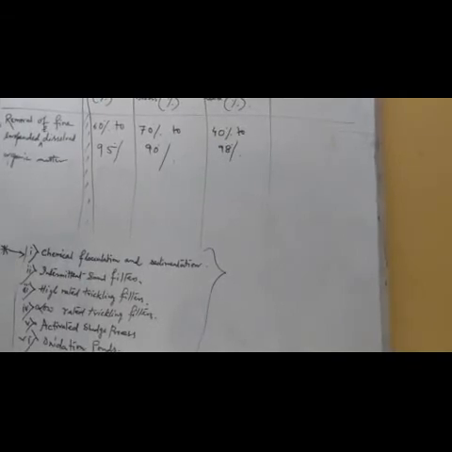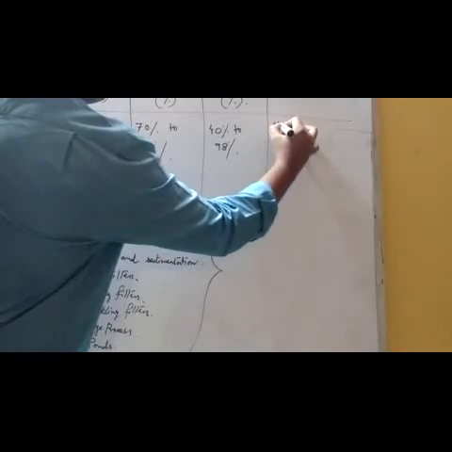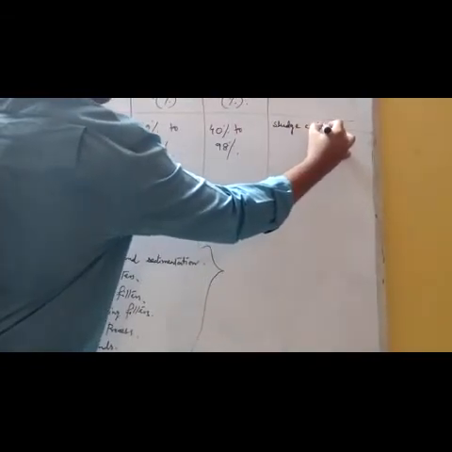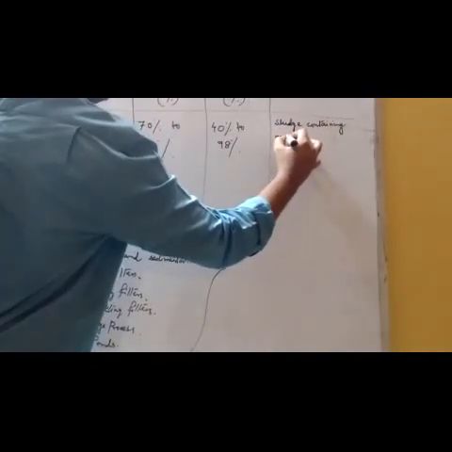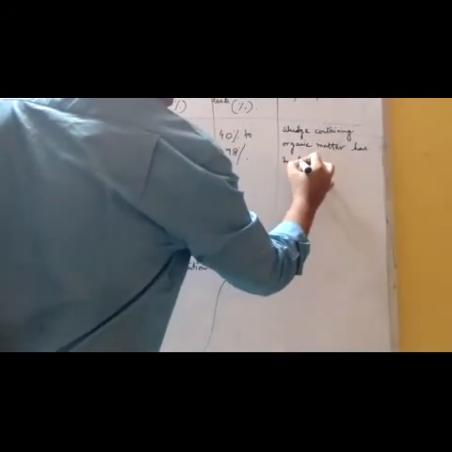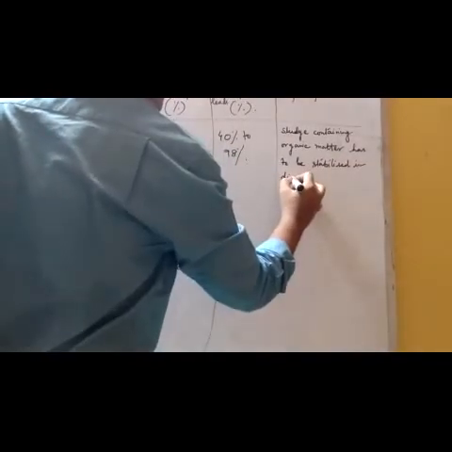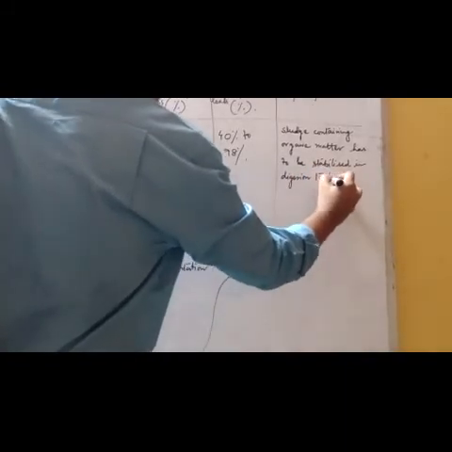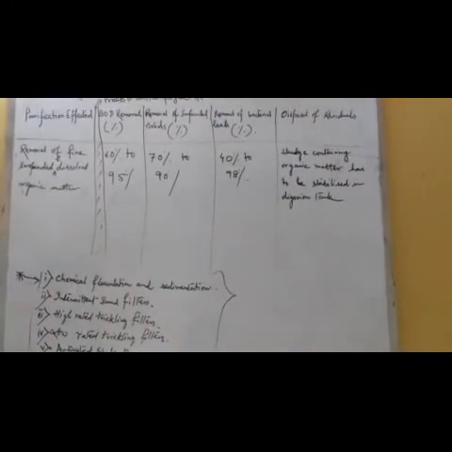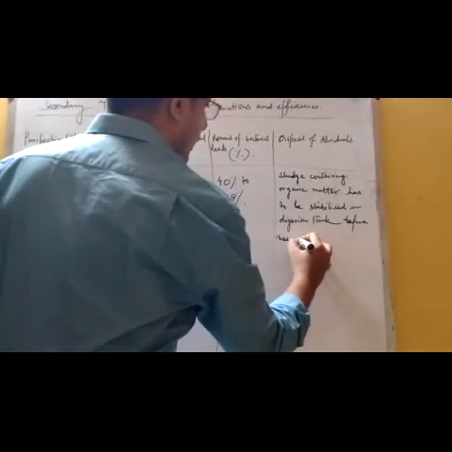Let's write down: the sludge containing organic matter has to be stabilized in digestion tank before use as manure or soil builder.